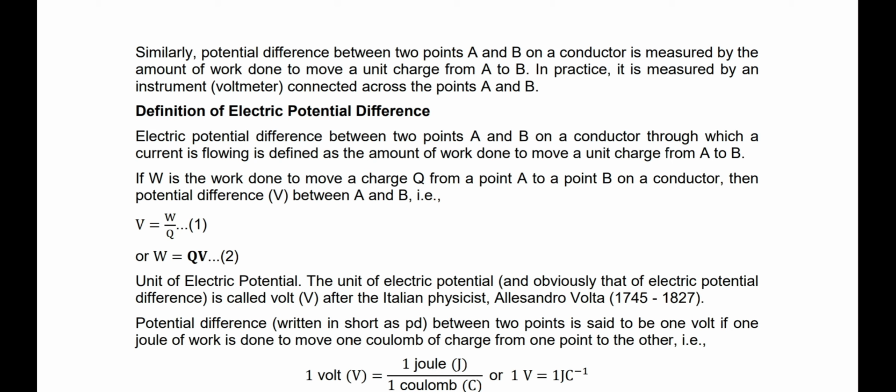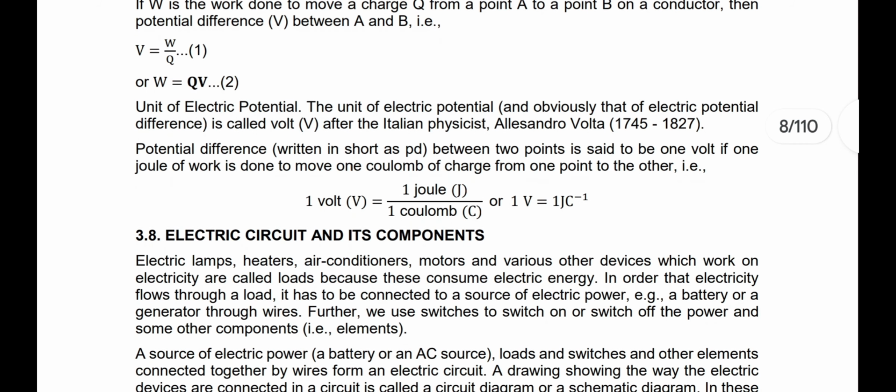The unit of electric potential is known as volt, named after an Italian physicist, Alessandro Volta, who discovered the concept of potential difference. In his honor, the unit is called the volt. Potential difference, written in short as PD.